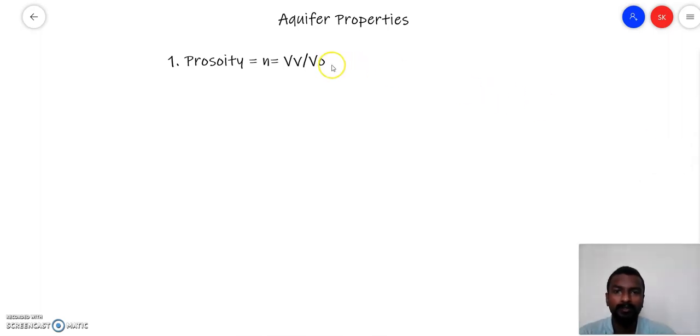Suppose if we say the first one, the porosity is large when it is more than 20%. In this case we can say the porosity is large. When the porosity is medium, in the second case, it is between 5 and 20, then we can say porosity is medium.